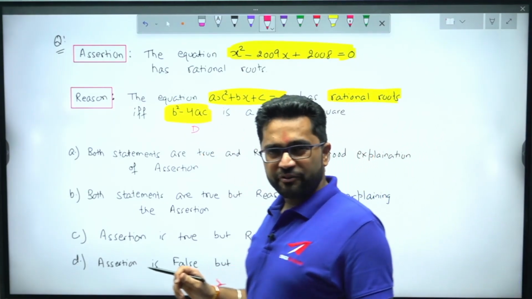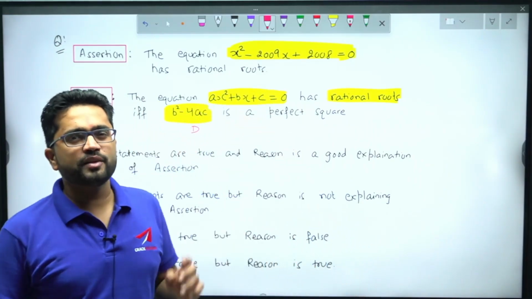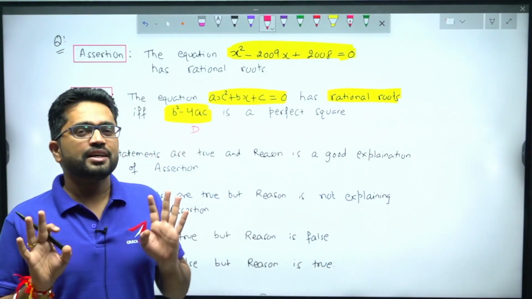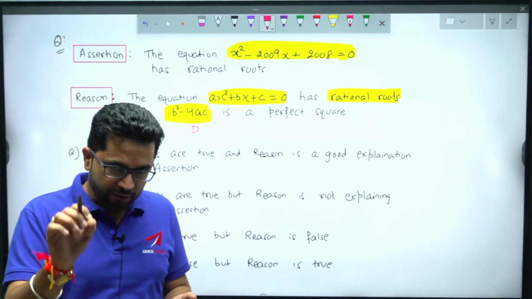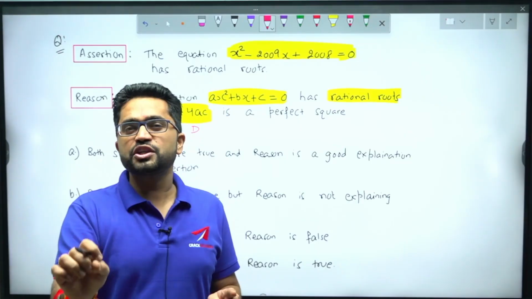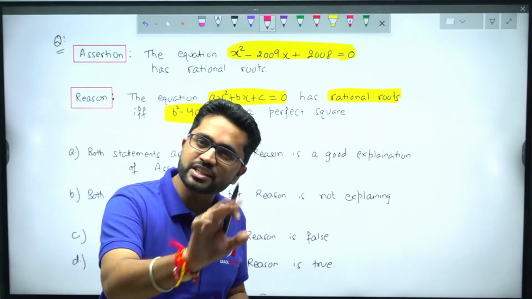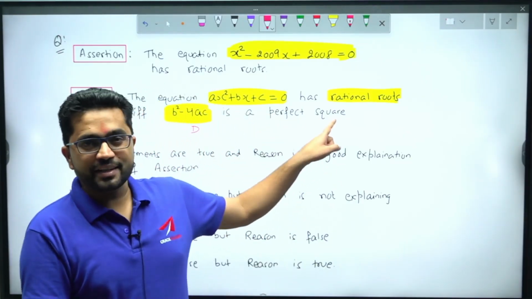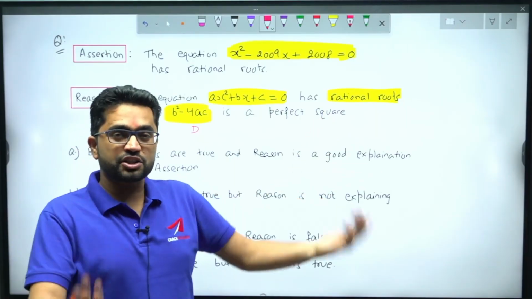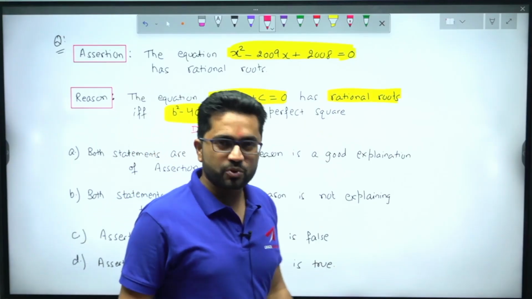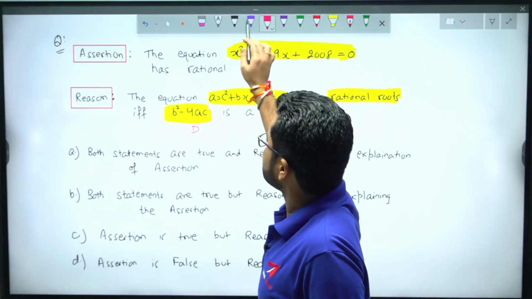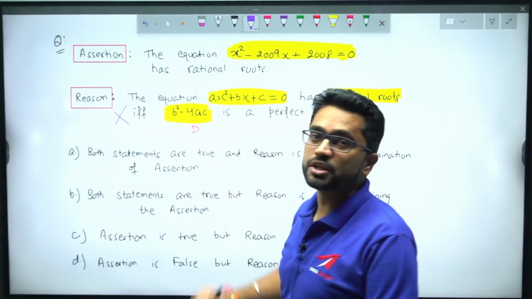Only in that case will the equation have rational roots. Doesn't seem nice, no? Because from the previous point we have a note that the coefficients are supposed to be rational. They are not declaring whether the coefficients a, b, c are rational or not. So it seems insufficient information is there. So the reason statement is clear-cut: no, this is not true.